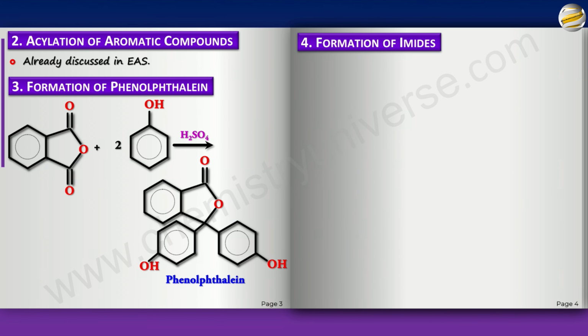Very interesting. You see, when you react anhydride with ammonia, one of them is going to attack as a nucleophile. This leaves. Now this is a minus and this is a plus here.